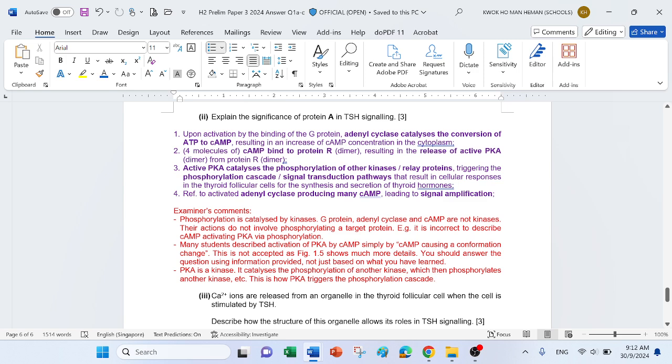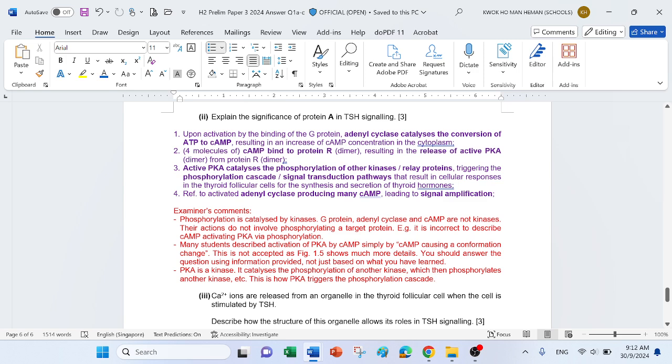Okay, then lastly, for the signal amplification, we are focused on protein A. So we are not talking about signal amplification by PKA during the phosphorylation cascade. We are talking about signal amplification by protein A. So specifically for protein A, during the conversion of ATP to cAMP, there are many cAMP molecules produced, right?